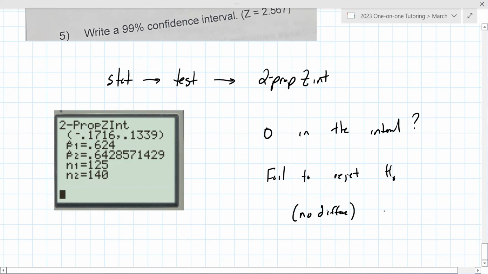Wait, can you repeat that? If zero's in the interval, there's no difference between the two proportions. Okay.